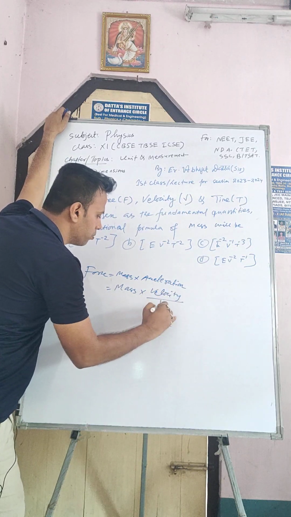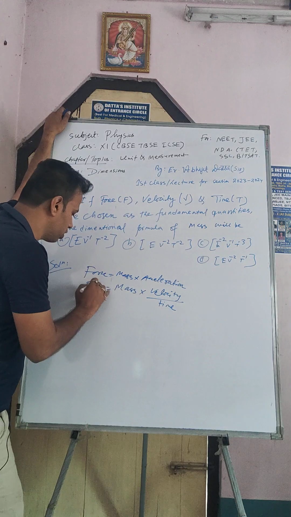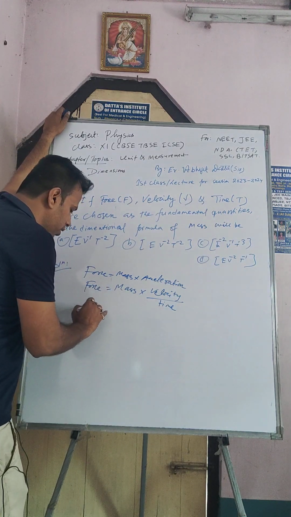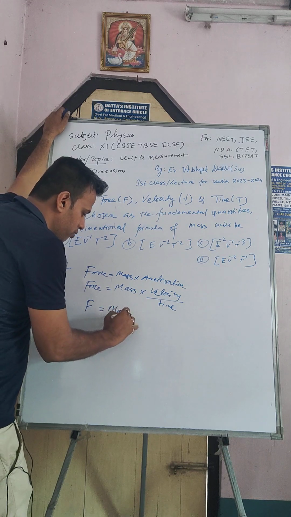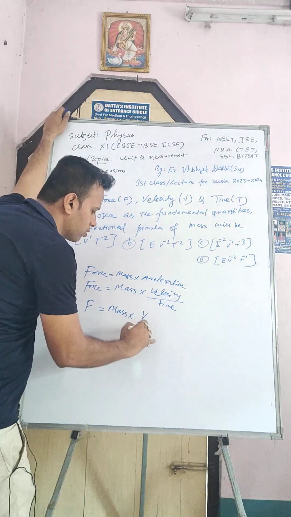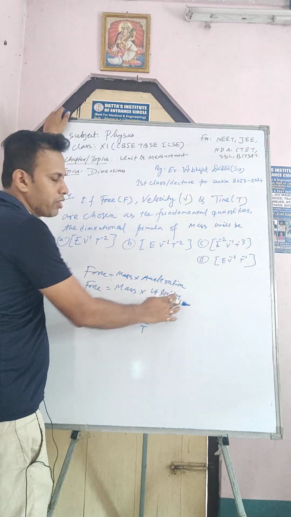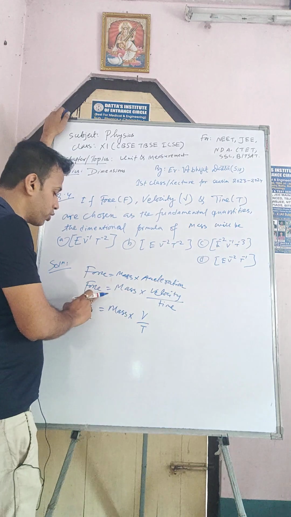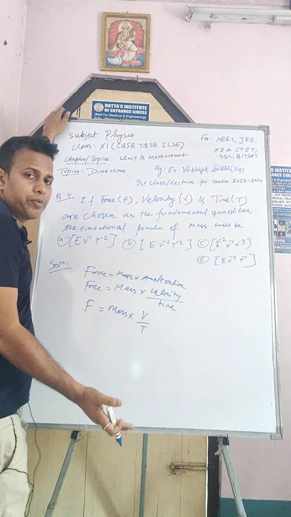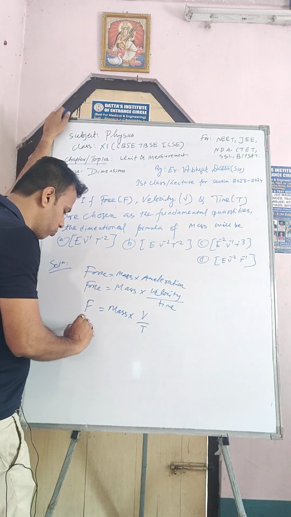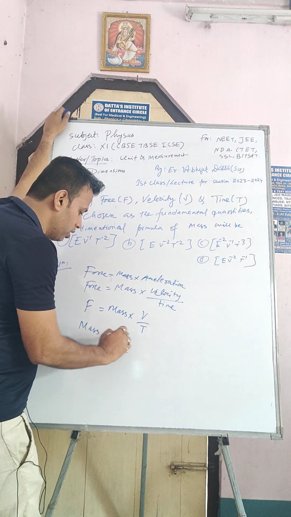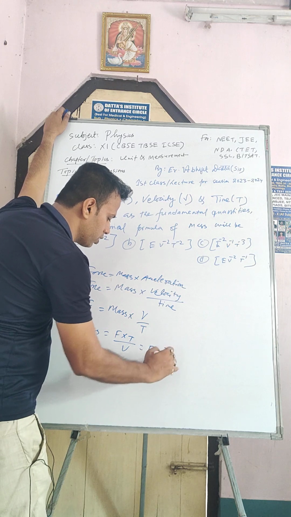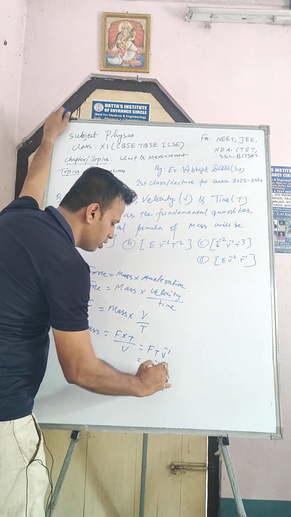Force is represented by F, velocity is fundamental so it is represented as V, and time is already fundamental, so it is denoted by T. So mass will be F into T by V, so F into T V minus 1. So it is F V minus 1 into T.